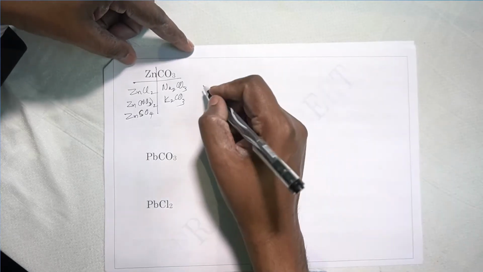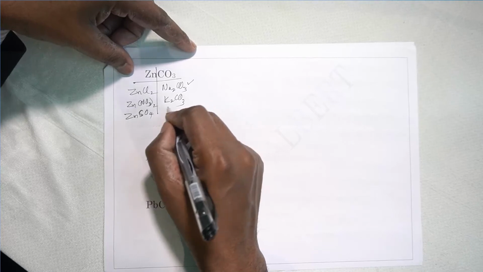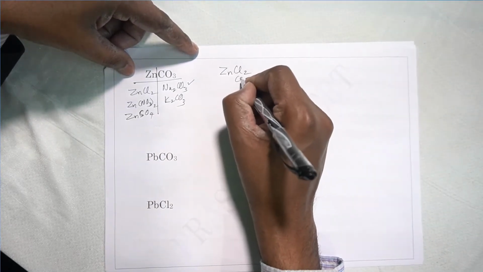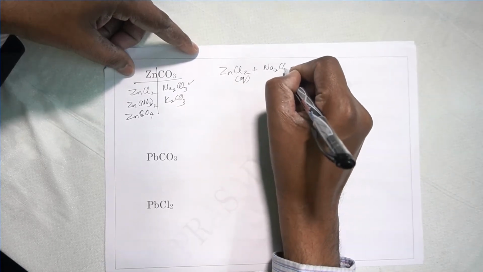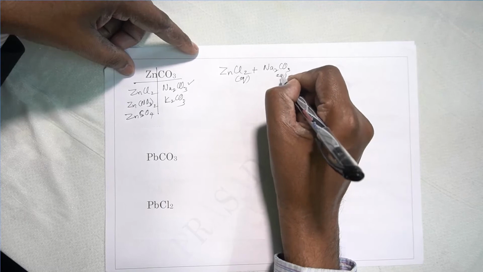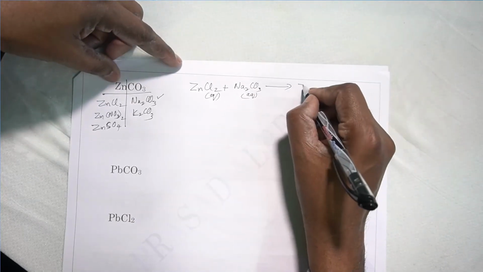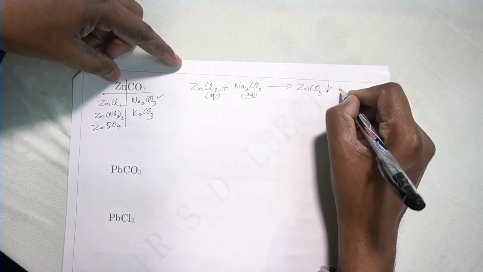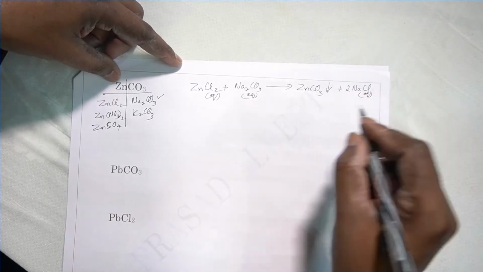Okay, so these are there. Now I will write equation only with Na2CO3. Okay, K2CO3 you can try. So zinc chloride solution aqueous plus Na2CO3 solution, sodium carbonate solution aqueous, will give zinc carbonate insoluble precipitate plus 2 NaCl, which is in aqueous form solution, right?